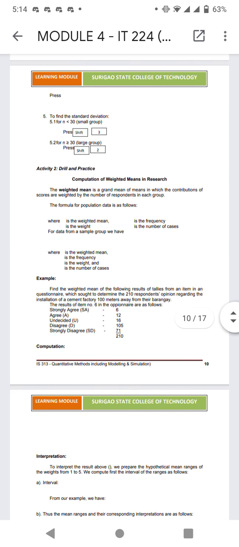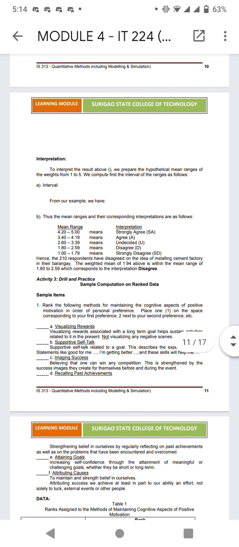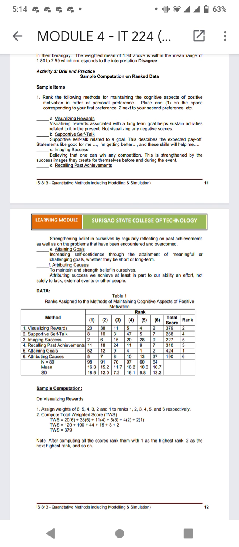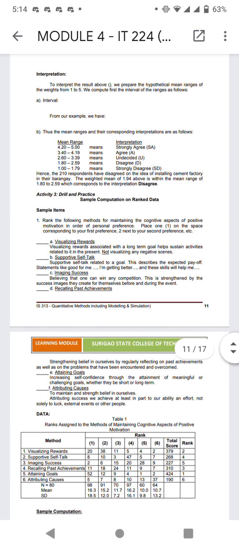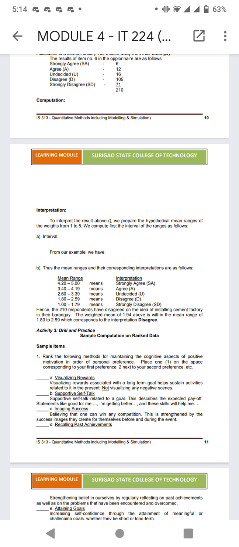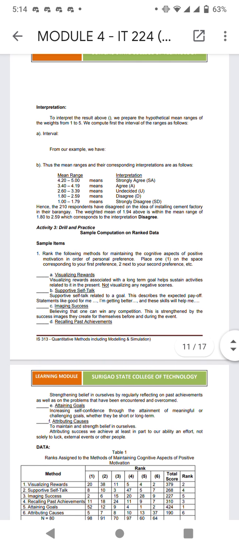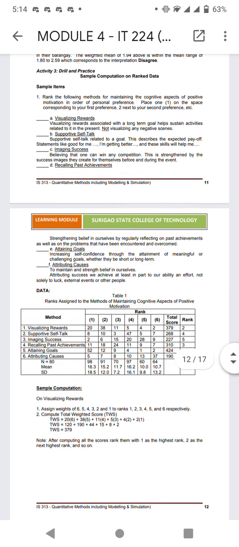We have done that using a scientific calculator, even the sample computation on ranked data, especially looking at the total weighted score of each by using a Likert scale of strongly agree, neutral, disagree, strongly disagree, etc. Or even the ranking in accordance to how we could use a sample distribution in accumulating data.